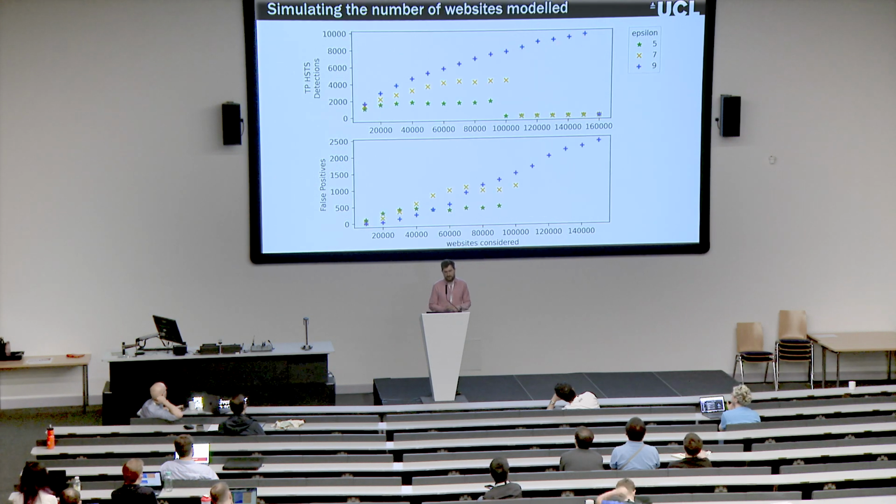And then, as I said, we simulated the number of websites that we could model. Basically, the number of possible websites that could be submitted to this protocol is infinite. It's the set of all possible strings, so we can't fully model that. We can only get an estimate, and we want to see the maximum number of sites that can be modeled.